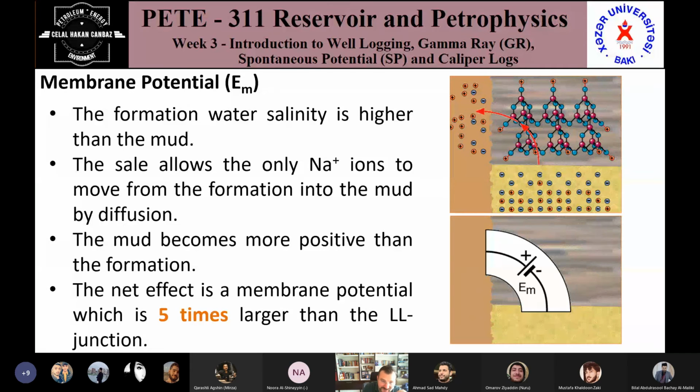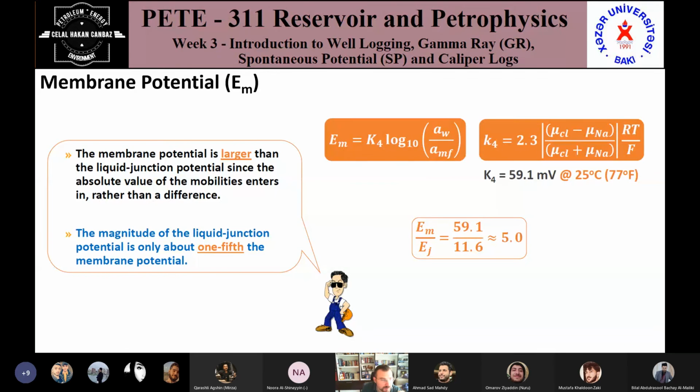It's very crucial. The mud becomes more positive than the formation as a result of this. The net effect is a membrane potential, which is around 5 times larger than the liquid junction one. So let's give the formula of the membrane potential.